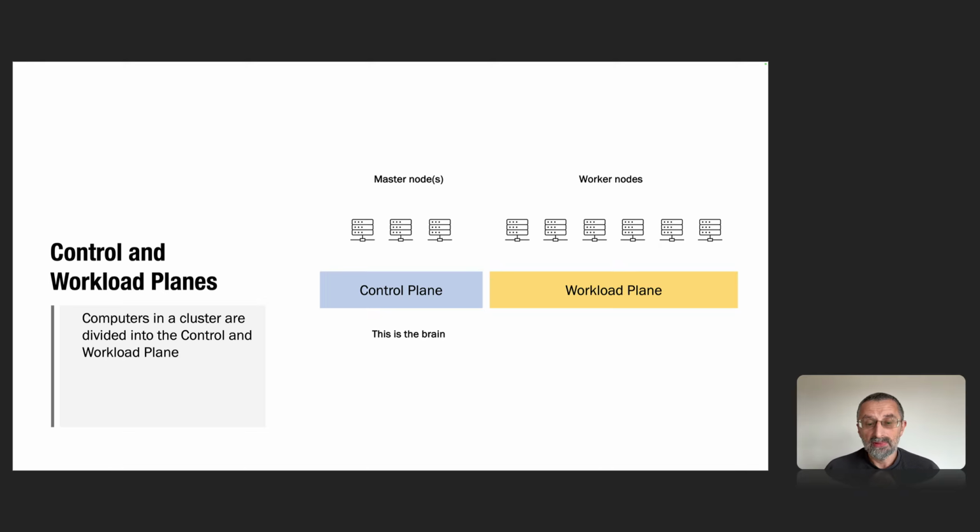Control plane, in many cases it's just a single server, is the brain. Yes, is the brain. Worker nodes do their job. They run your applications. Okay, so this is what's going on in the background. So have the brain and workers.